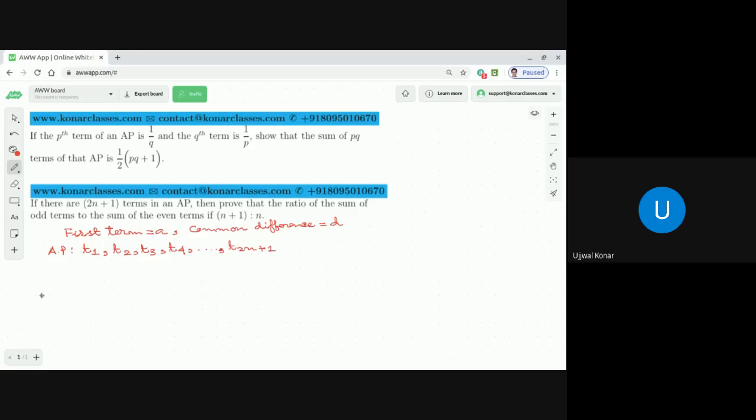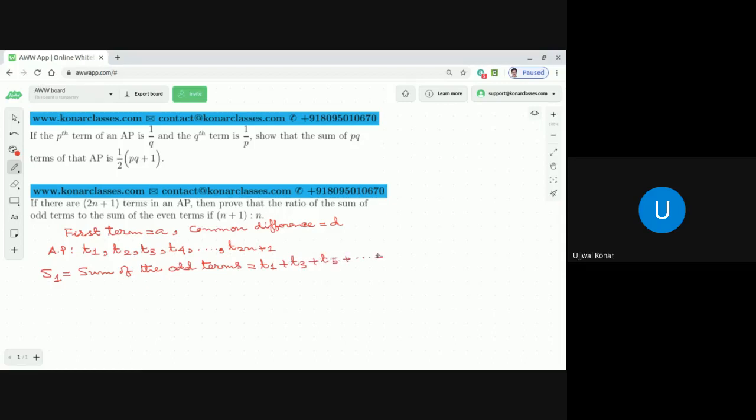Now, according to the question, the sum of the odd terms. Let's take S1. S1 is equal to the sum of the odd terms. If it is a sum of the odd terms, what does it look like? It looks like T1 plus T3 plus T5.